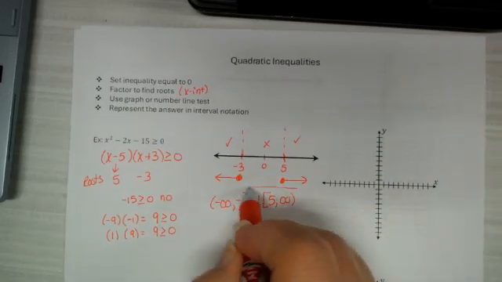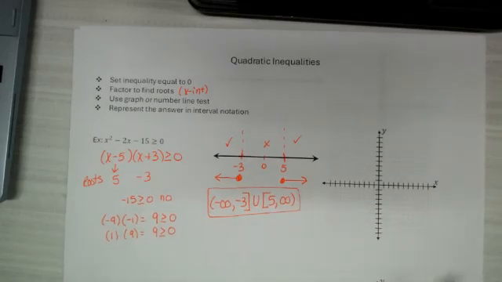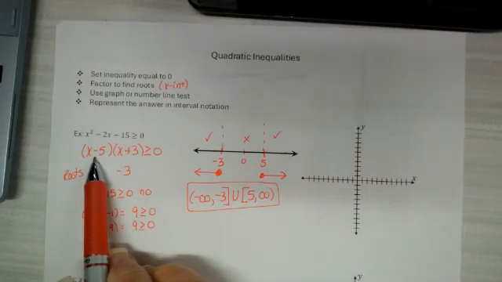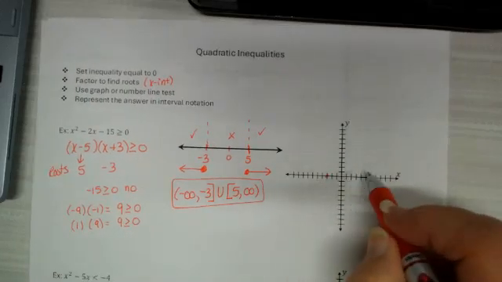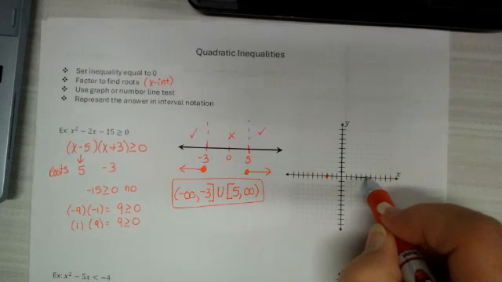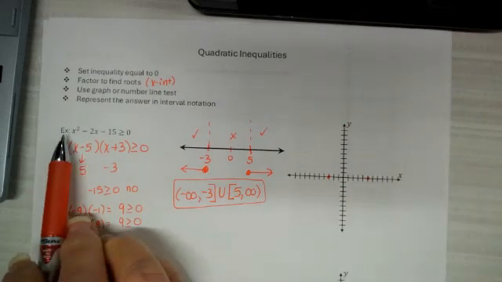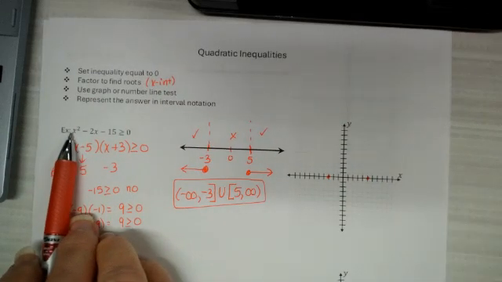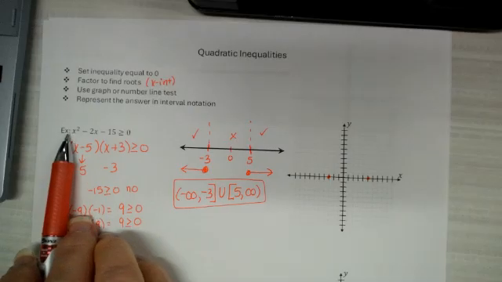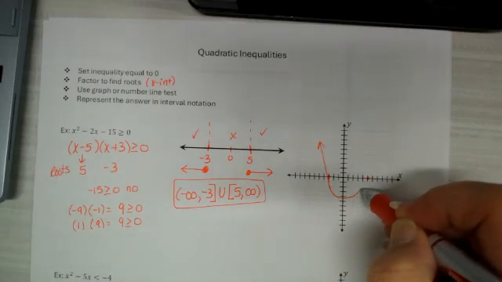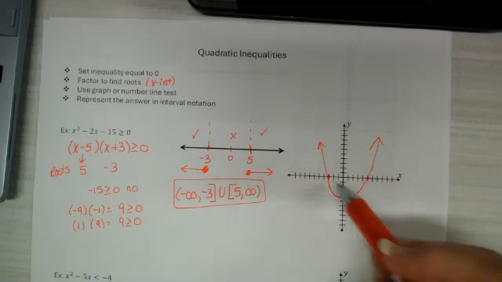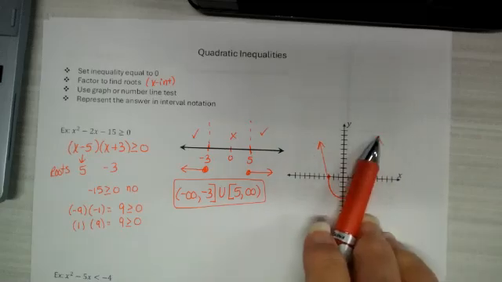The other way to check this was to use the graph. Now I know these are my roots, 5 and negative 3. I can put them on the graph, negative 3. Because the a value in this function was a positive 1, I know that this graph looks something like this. I don't know the exact vertex right now, but it's something like that.